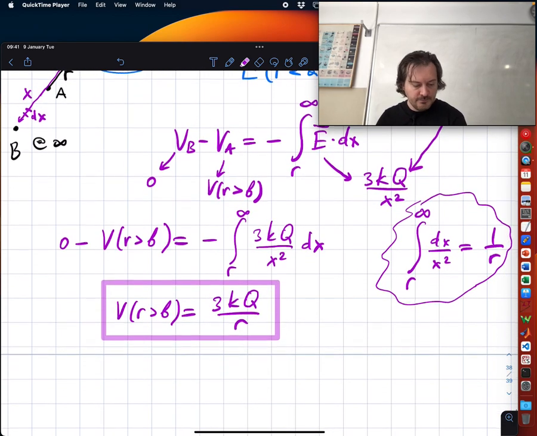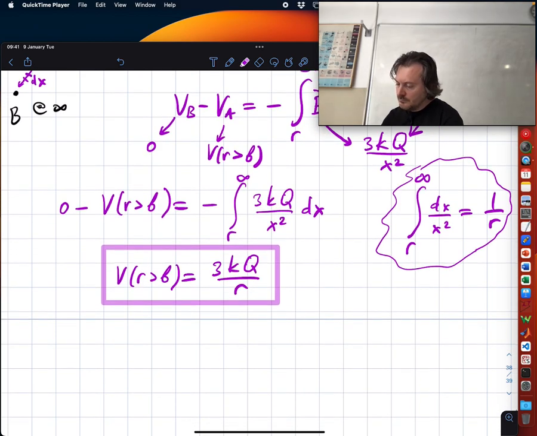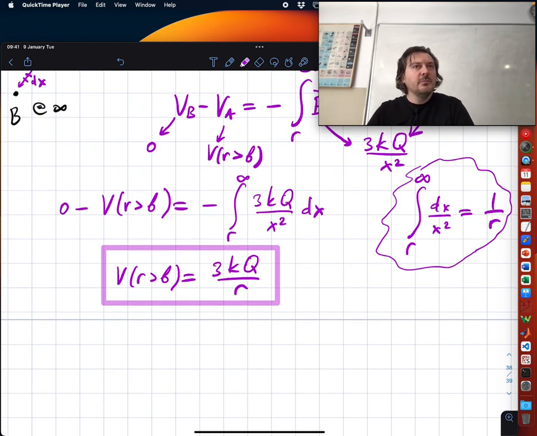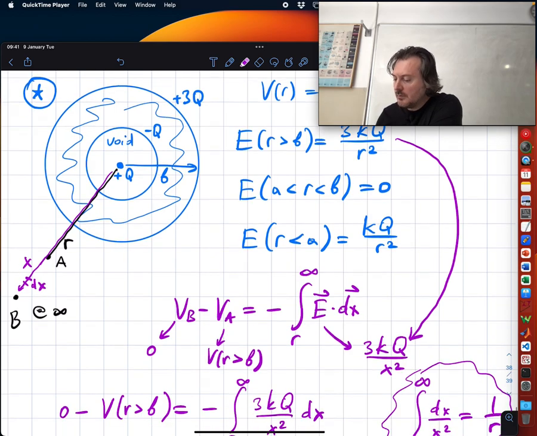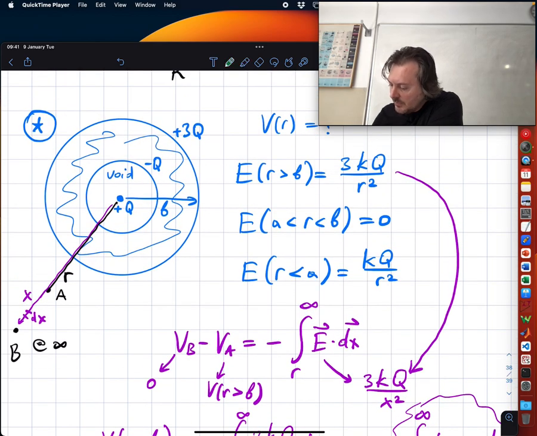Let's go inside. Can someone tell me what I'm supposed to do to find the potential inside? Integrate again, from the surface to a point inside. Yes, conductive material. So this time I will have a point A here and a point B here. Notice that the electric field is 0 inside because it's a conductor.